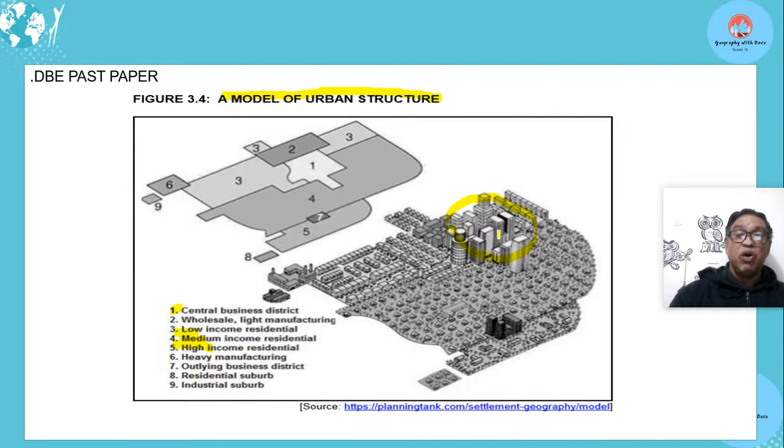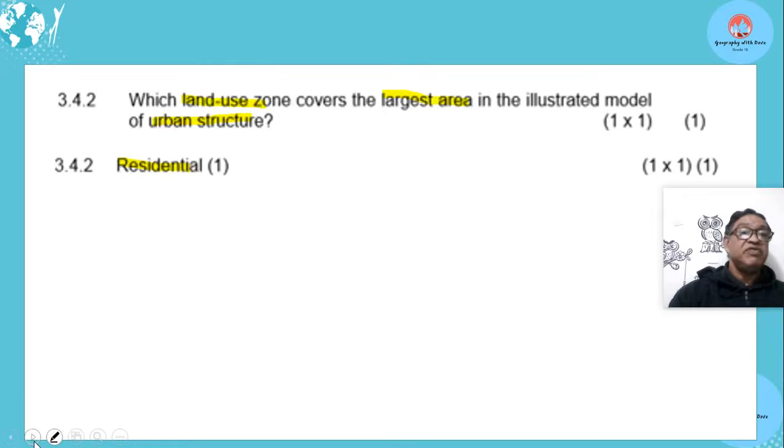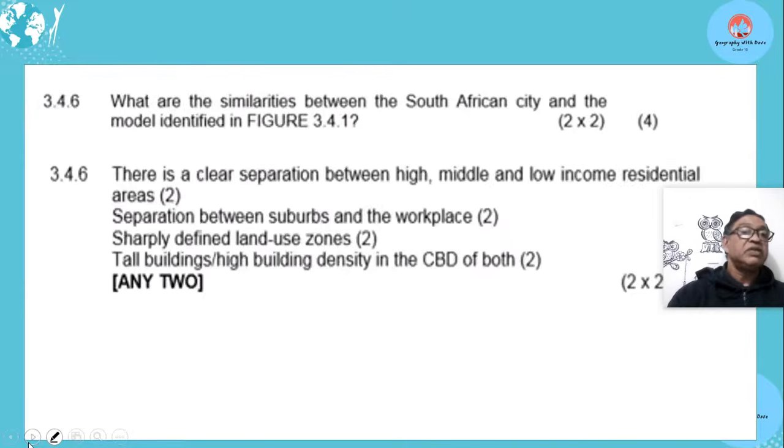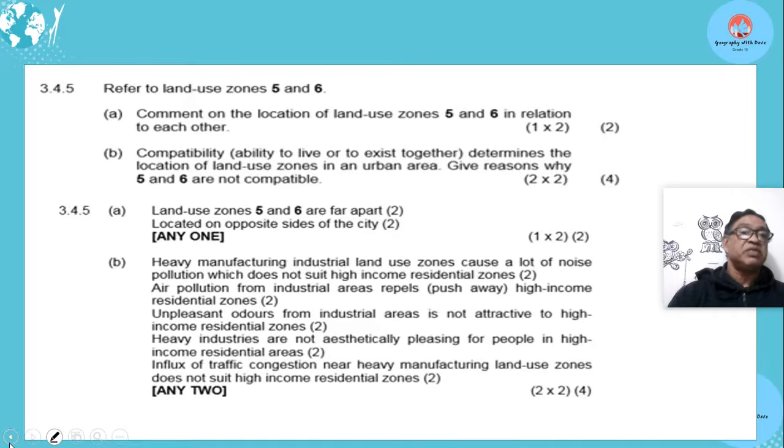You can look at the tall buildings, the height, and the density. It's close together. Those are two factors that are visible here. So, tall buildings and high building density, straight from there. If you know your work, you'll be able to apply it. Let's look at the next one. I'm sorry, I'm skipping questions here.